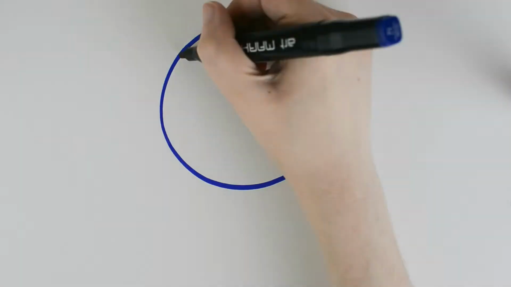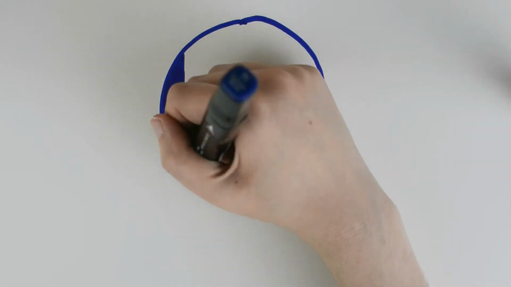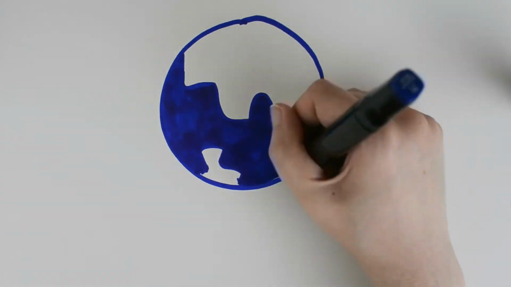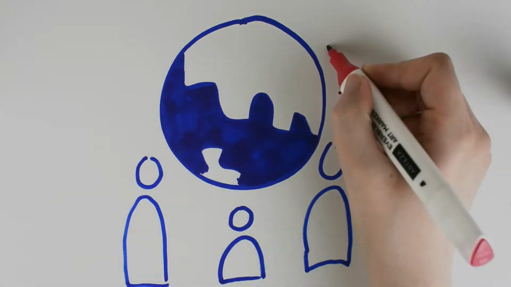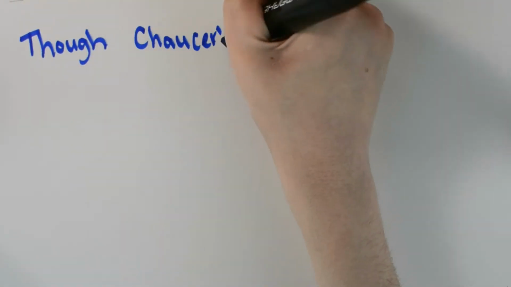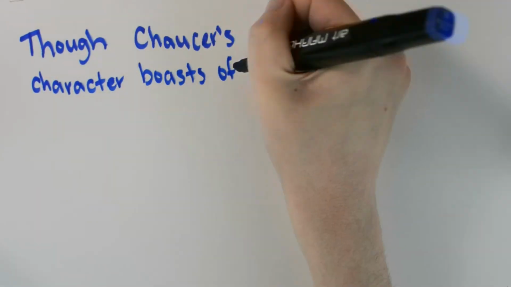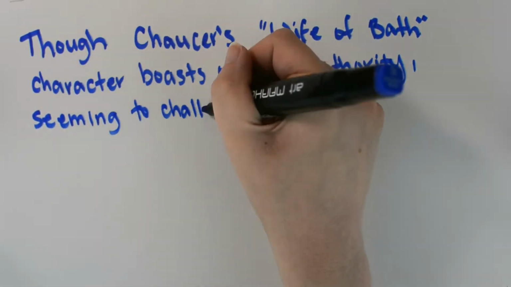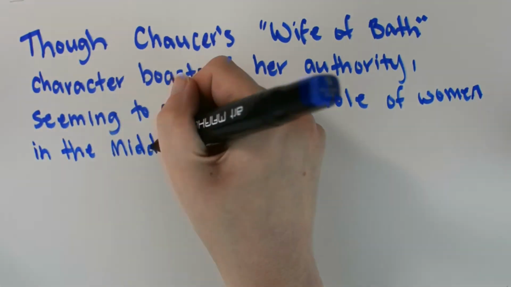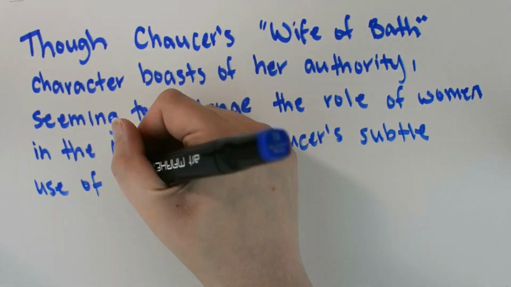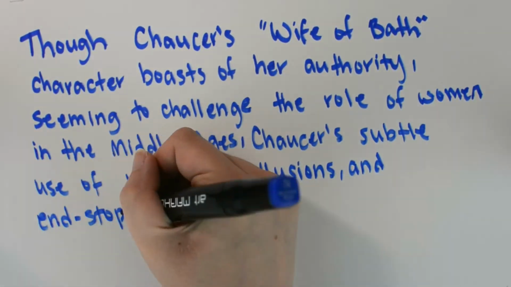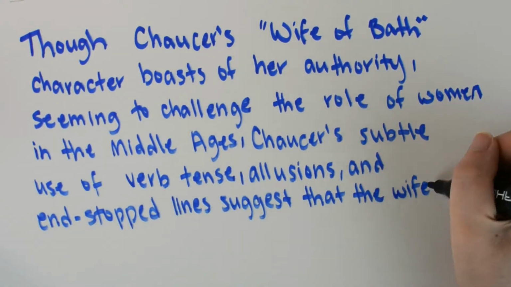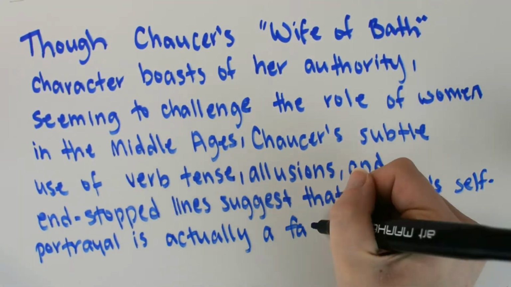You might write an analytical essay for courses in the humanities or social sciences. An example of an analytical thesis would be: though Chaucer's Wife of Bath character boasts of her authority, seeming to challenge the role of women in the Middle Ages, Chaucer's subtle use of verb tense, allusions, and end-stopped lines suggests that the wife's self-portrayal is actually a facade.